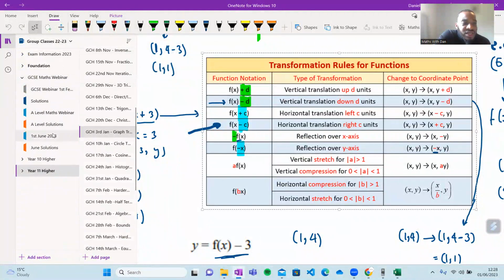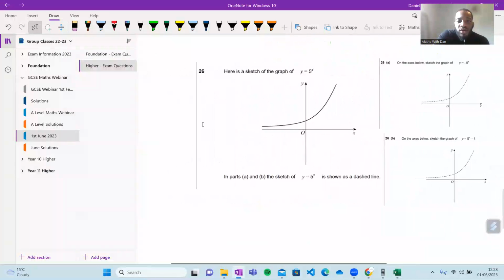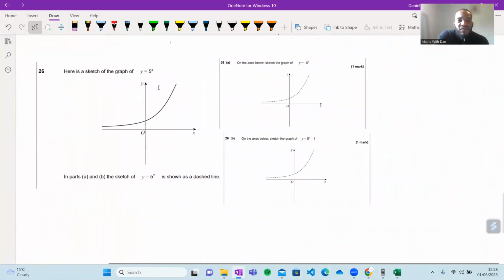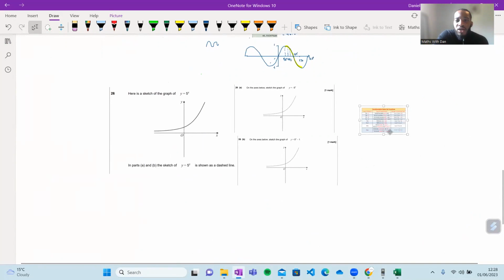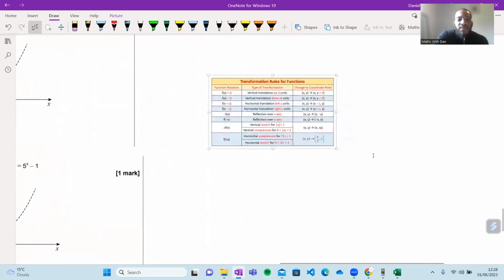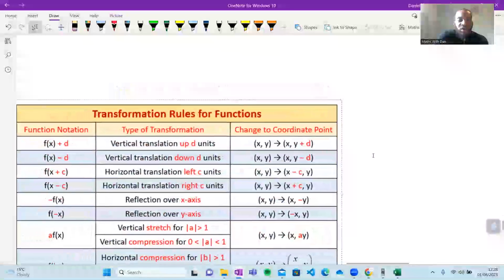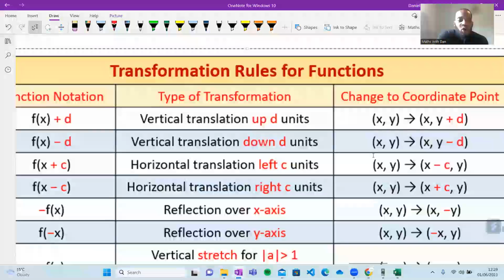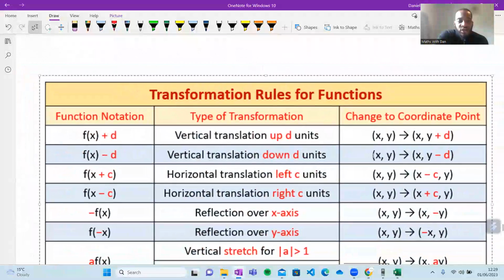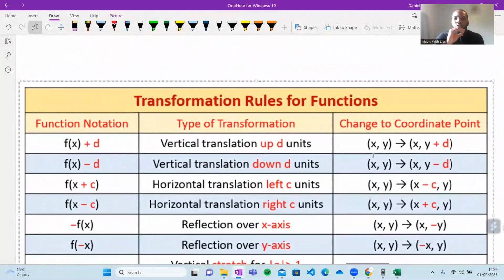Let me just go back to our lesson today. Okay, cool. So this table here, right? And for those of us that are in my year 11 classes every week, you would have definitely seen this before. But everybody, you don't need to know the bottom 2 for GCSE, the top 6 graphs here, the top 6 rules here, transformation rules for functions.